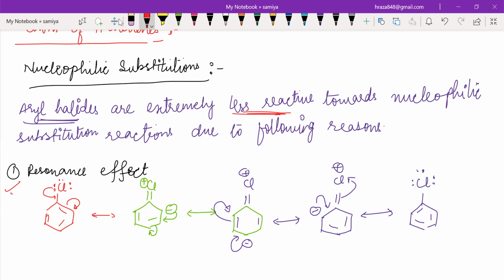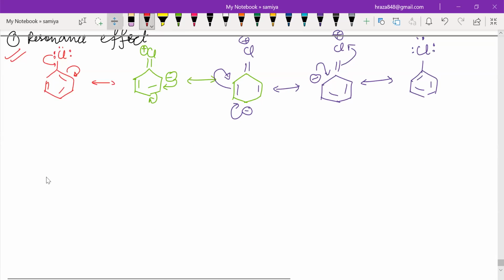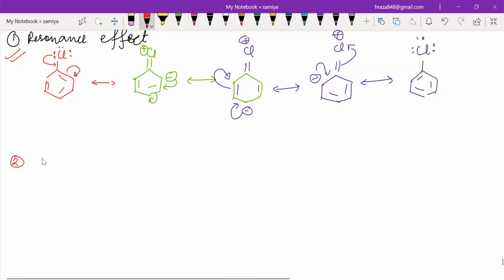The first reason is basically the resonance effect, and the second reason is the difference in hybridization.